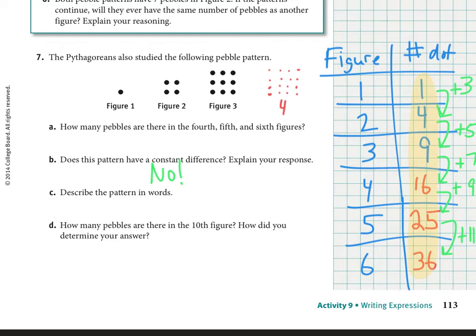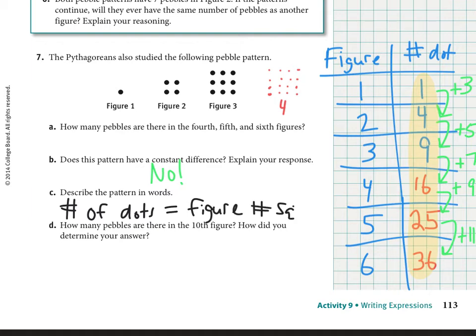Again, it's not a constant amount, but take a look at the numbers: 1, then 4, then 9, then 16, then 25. And if you remember when we talked about exponents, and squaring numbers specifically, the number of dots here is just the figure number squared. Squaring means to multiply by itself, right?